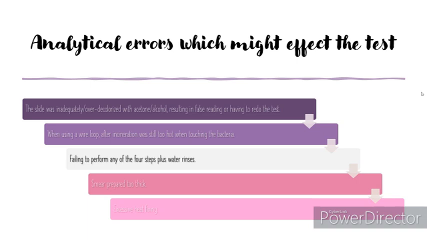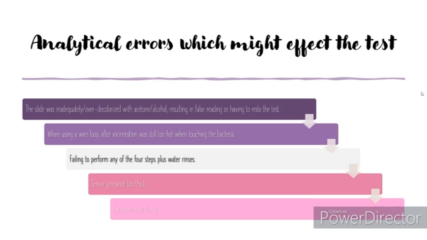And failing to perform any of the 4 steps plus water rinses, if you don't follow those 9 steps that I provided earlier, it can result in an imperfect gram stain, which might cause false results as well. Smear prepared too thick, can't see through it, can't read what it is, you're going to have a hard time.